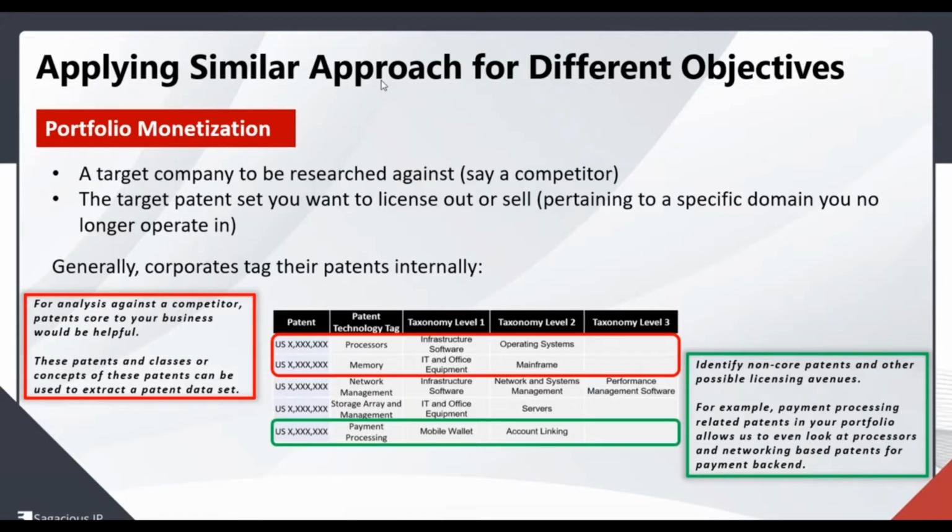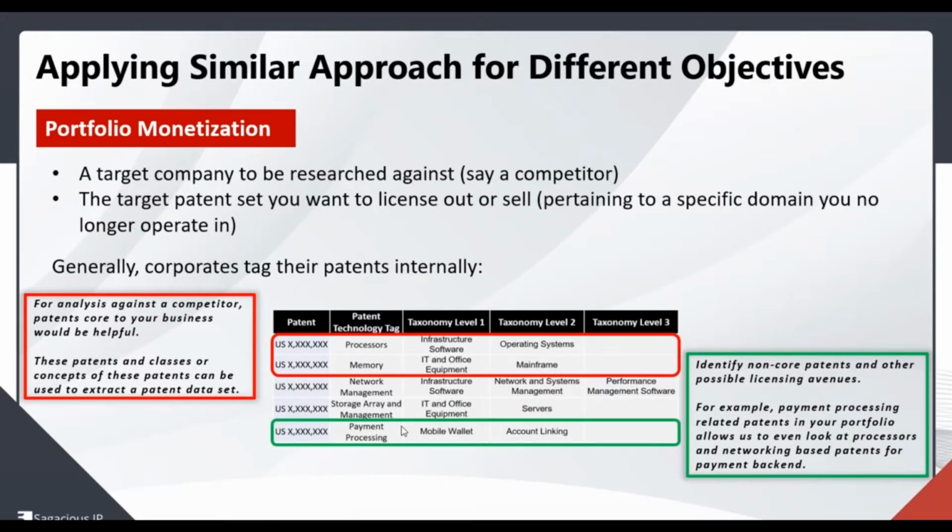Generally, when we talk about corporates, they have this internal tagging of the portfolio, where they have the patent set and have created technological tags at level 1, 2, 3, and accordingly they know that these are the core patents which directly protect their products, and these are the other technological patents which they no longer use.